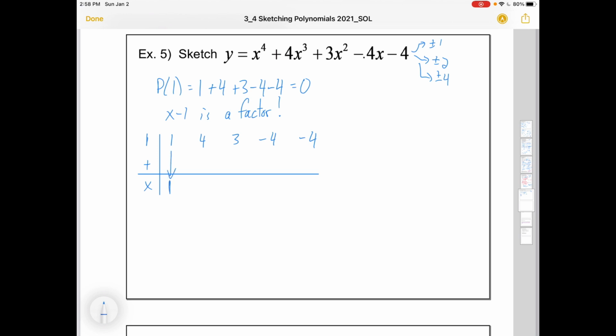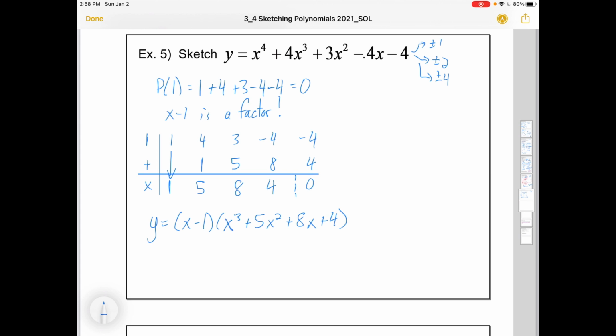Now I just pull this 1 down. 1 times 1 is 1, and add them up. Multiply and add. Multiply and add. Multiply and add. What I've learned now is that this function can be written as x minus 1, which was the factor we found, times x cubed plus 5x squared plus 8x plus 4.